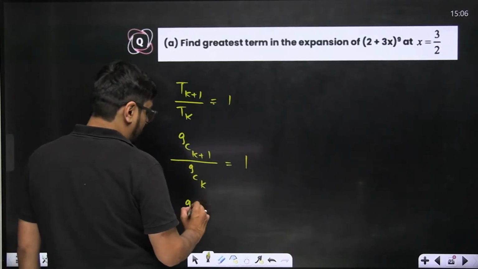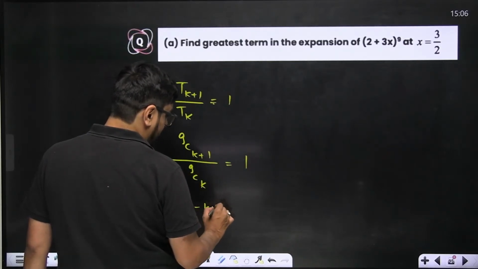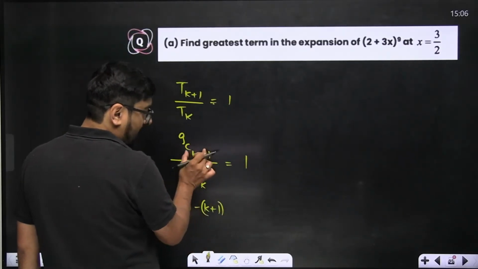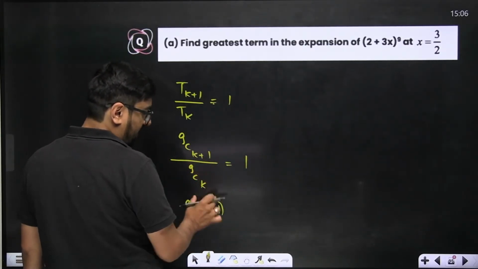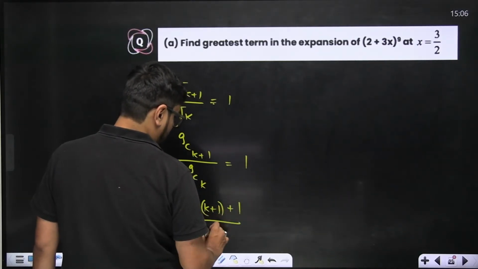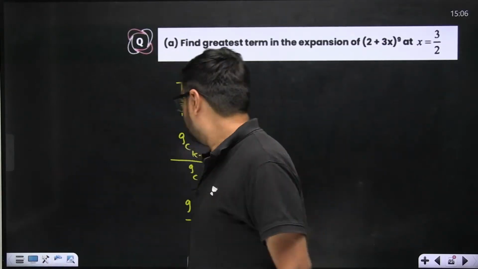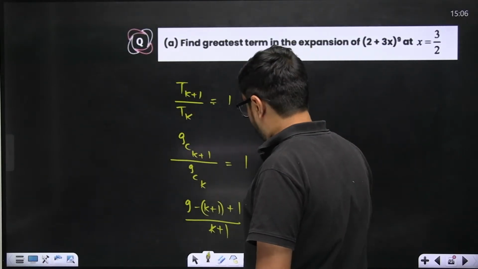So 9 minus r will be k plus 1 over here. Instead of r, we have k plus 1, divided by r.